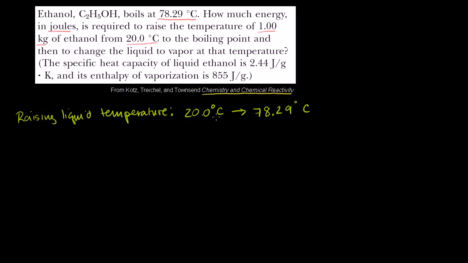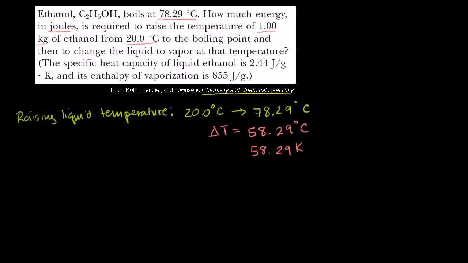So how much did we raise it? Well, 78.29 minus 20 is 58.29. So our change in temperature is 58.29 degrees Celsius, or this could even be 58.29 Kelvin.